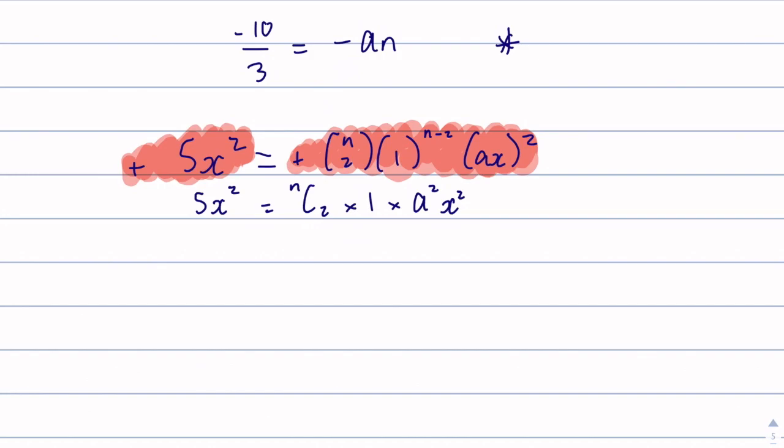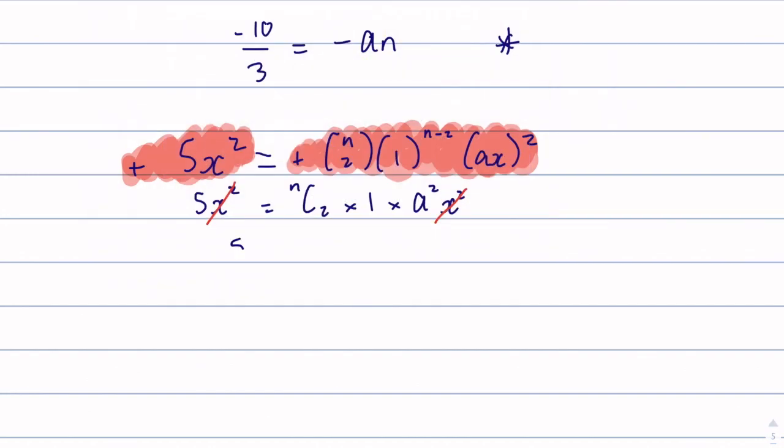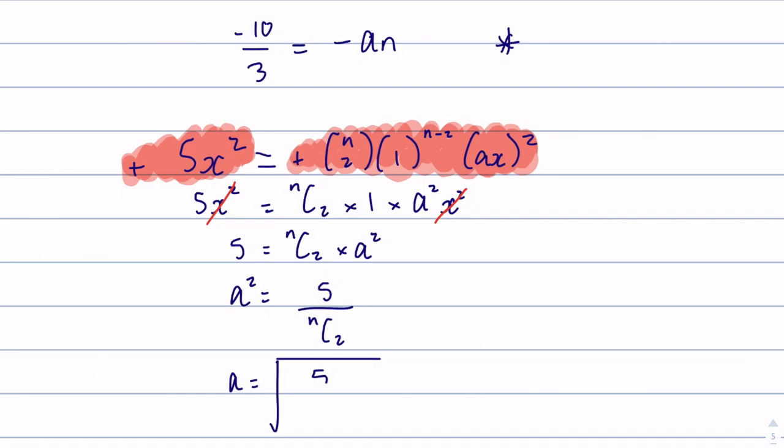I've got x² appearing on both sides, so I've got 5 equals nC2 times a². So a is going to be... I don't know if this is necessarily the easiest way. This is how I'm going to do it. Which means a equals the square root of 5 on nC2.